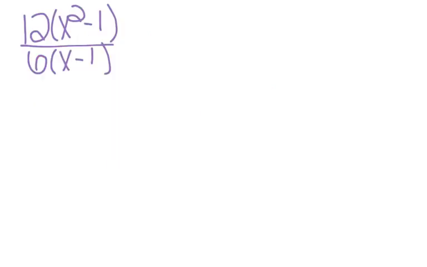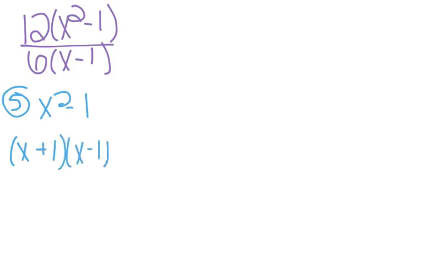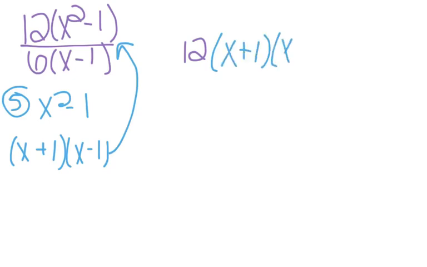The only thing that I can factor is x squared minus 1. I can factor with dots because they are both perfect squares and subtraction. So I'm going to have x plus 1, x minus 1, and I'm going to replace that x squared minus 1. So 12 remains the same. I'm replacing what I factored.